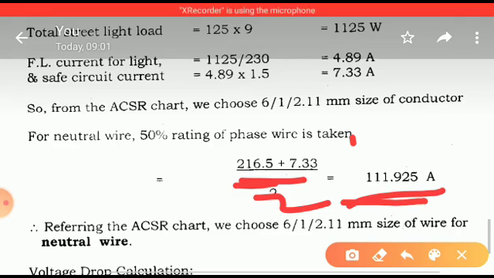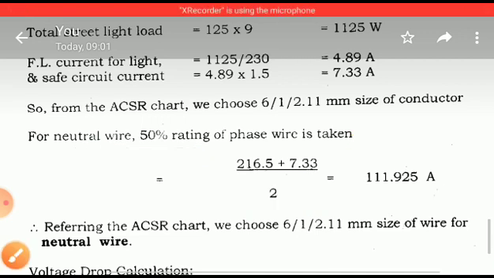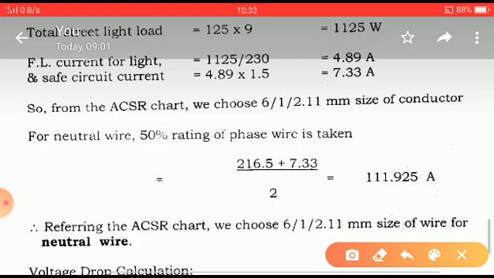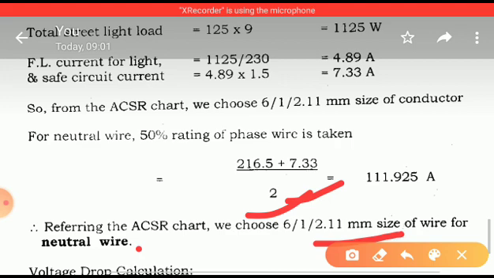This is the current of the neutral wire. From the ACSR chart, the size of the neutral wire is 6 aluminum, 1 steel and 2.11 mm wire is required for this purpose.